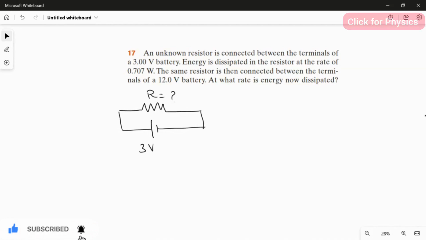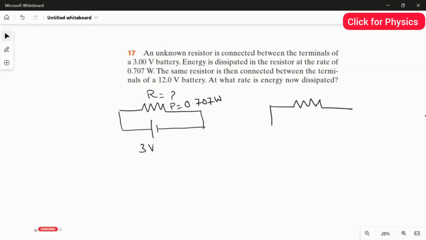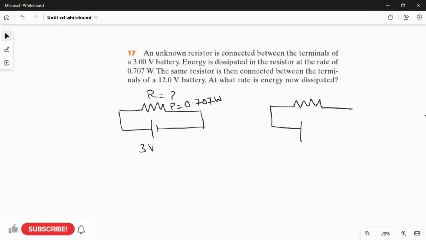This resistor will dissipate some energy, that means power. When you connected the 3-volt battery across this unknown resistor, it dissipated 0.707 watt. In the second part of the question, you are using the same resistor, and this time you replace the 3-volt battery with a 12-volt battery.